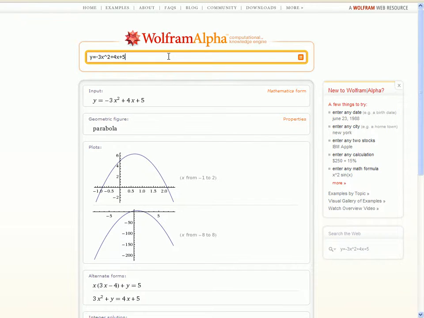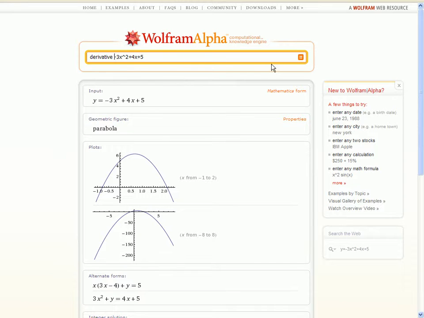For example, how do we in general take a derivative of a function? Let's keep our current function and ask WolframAlpha explicitly for its derivative. We remove the y equals and just keep the function and put in front of the function derivative, space.